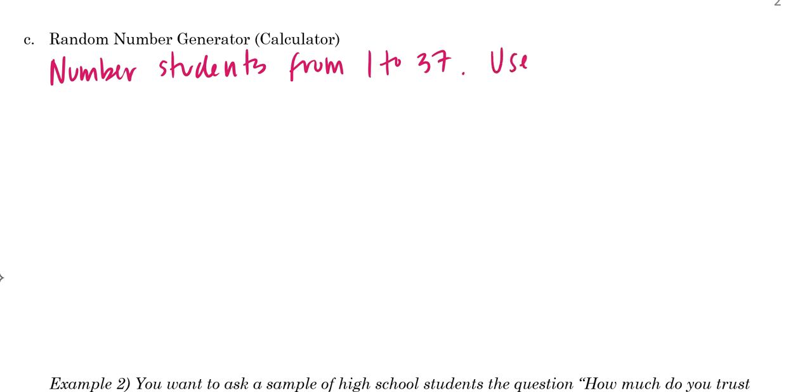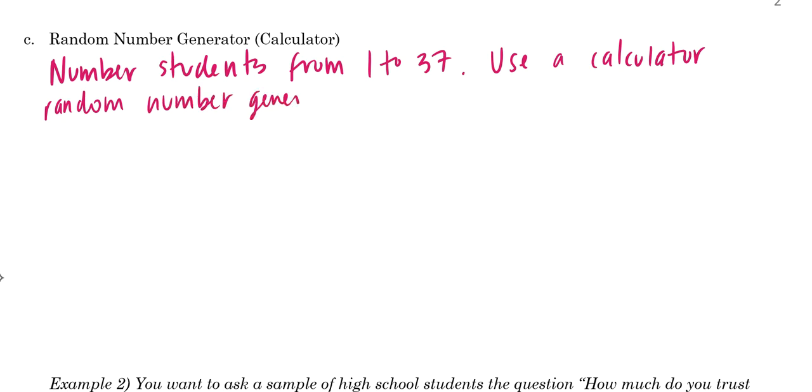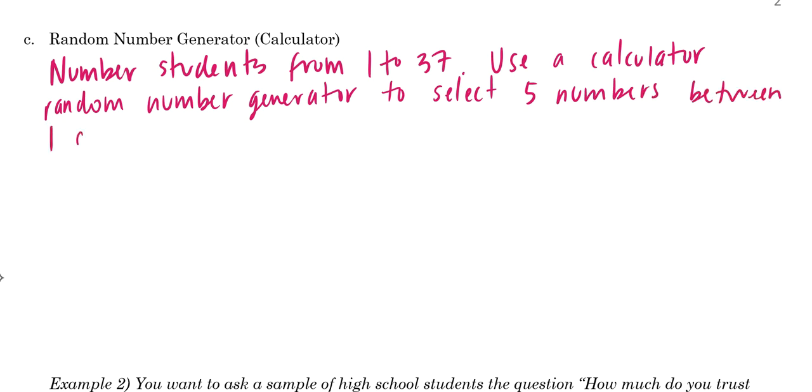And then all I have to say here is I'm going to use a calculator random number generator to select 5 numbers between 1 and 37.